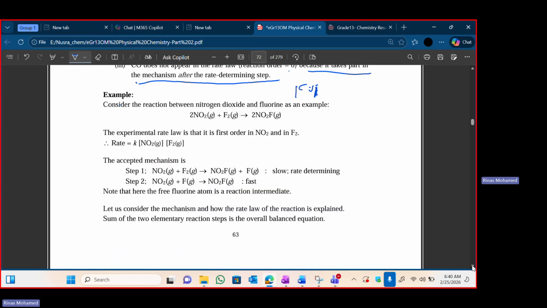And likewise, you can go through another example also.